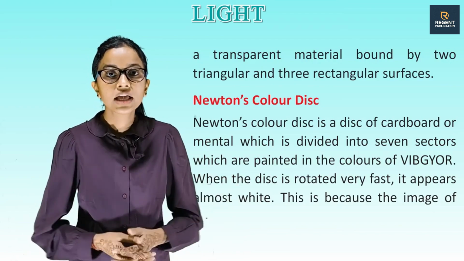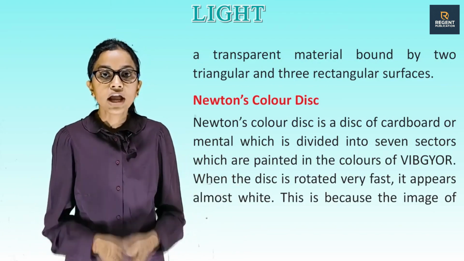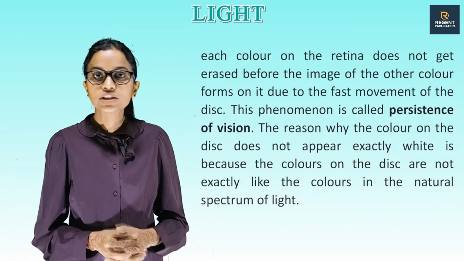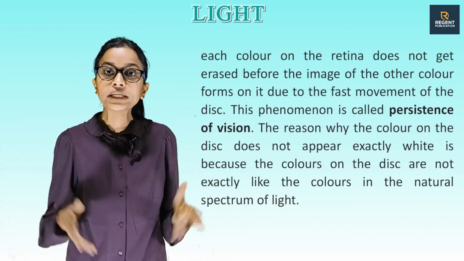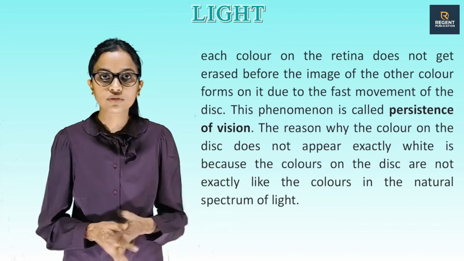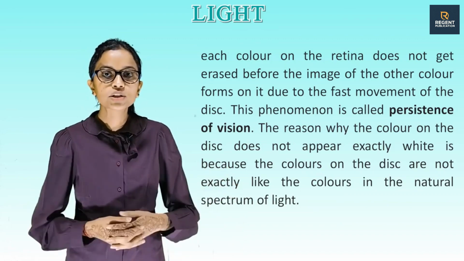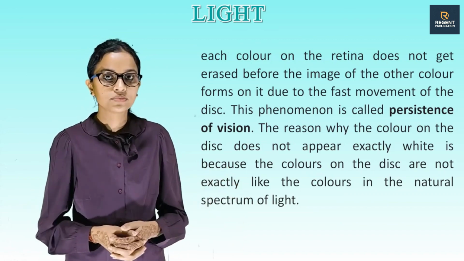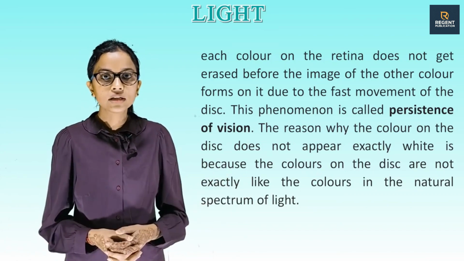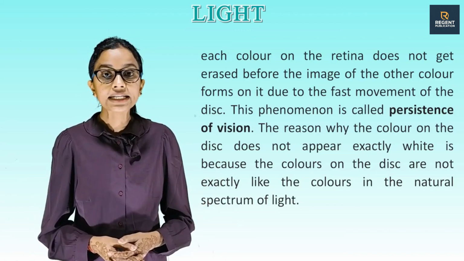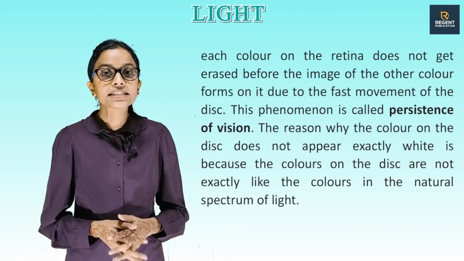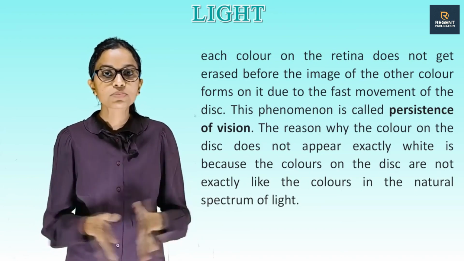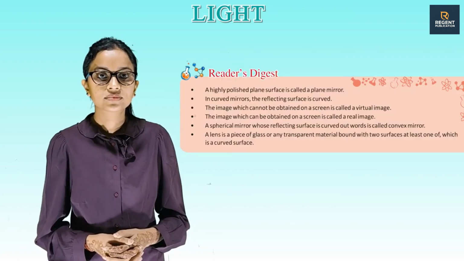This is because the image of each color on the retina does not get erased before the image of the other color forms on it due to the fast movement of the disc. This phenomenon is called persistence of vision. The reason why the color on the disc does not appear exactly white is because the colors on the disc are not exactly like the colors in the natural spectrum of light.